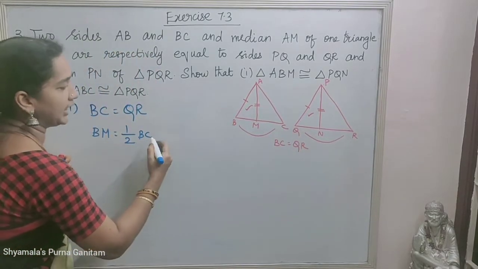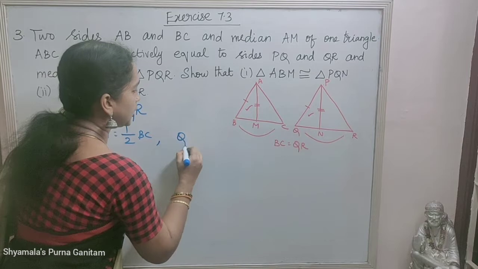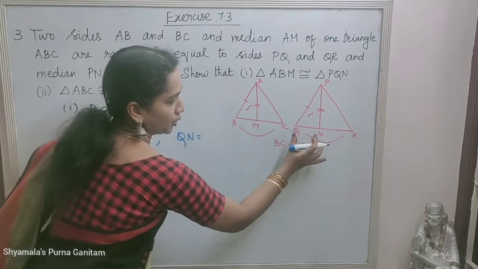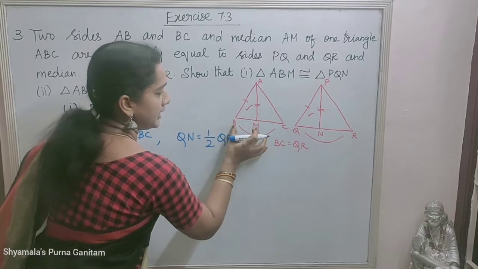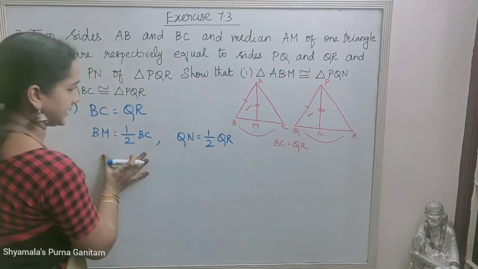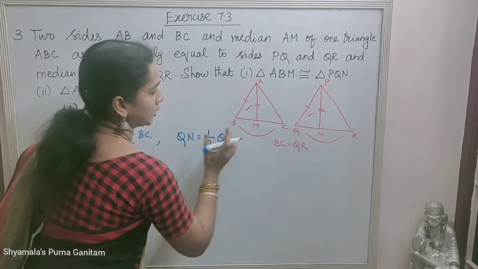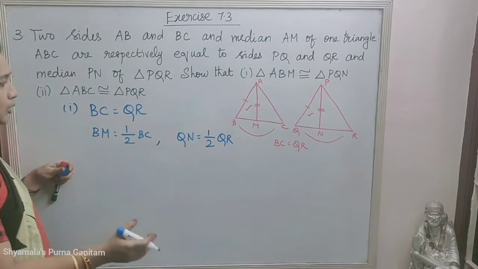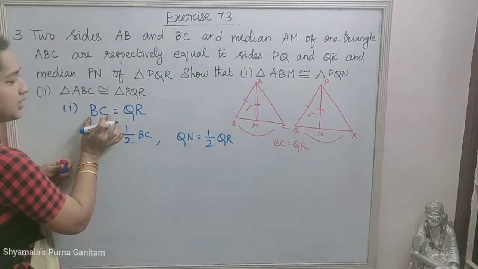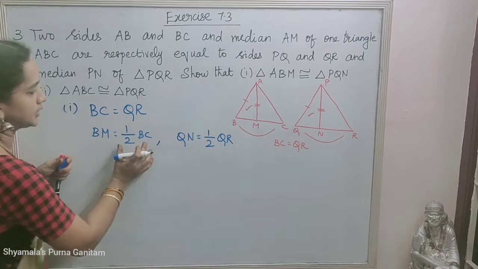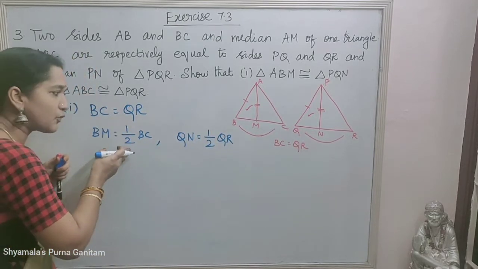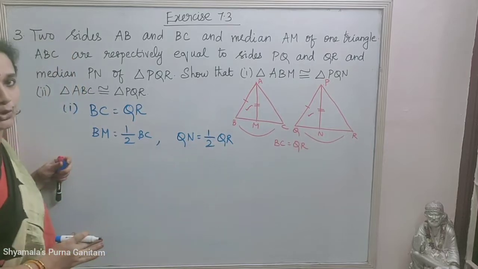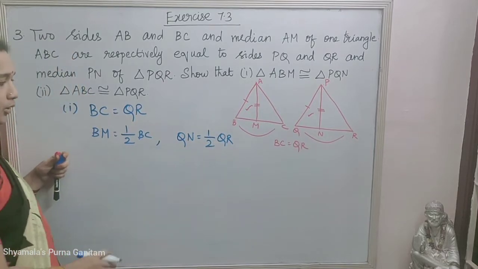Okay, same way we can write the other one also. QN is equal to half of QR. So BM is equal to half of BC and QN is equal to half of QR. Already in the question it is given BC is equal to QR. So obviously half of BC is equal to half of QR. That will also be equal.